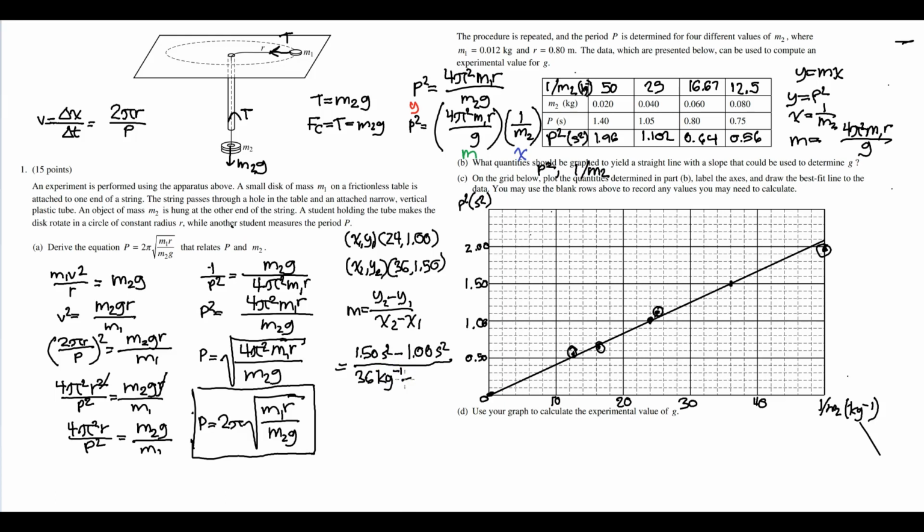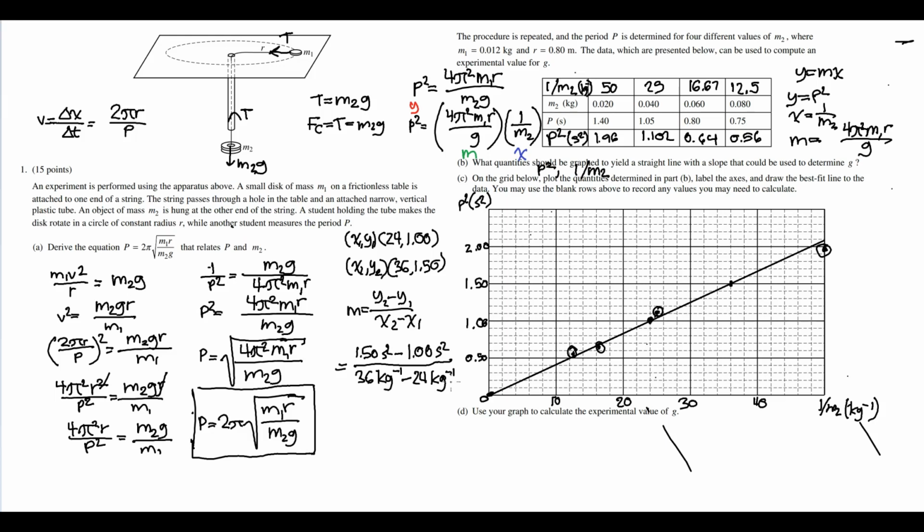Not a very common unit, but since we took the reciprocal of the mass, we have to use this unit. We should get a pretty even number. 1.50 minus 1.00 divided by 36 minus 24.